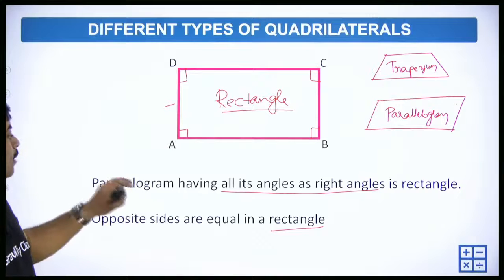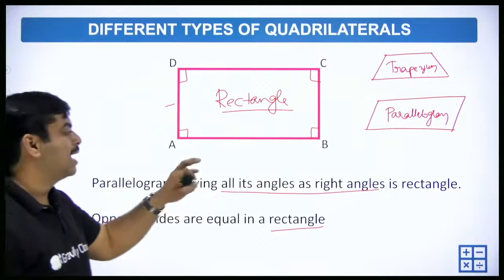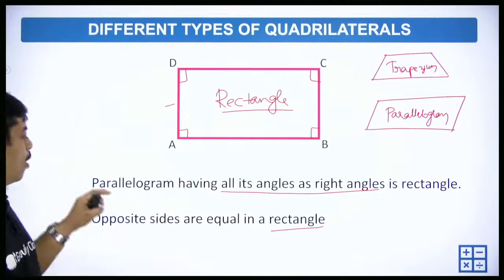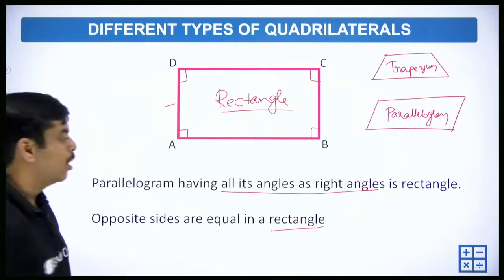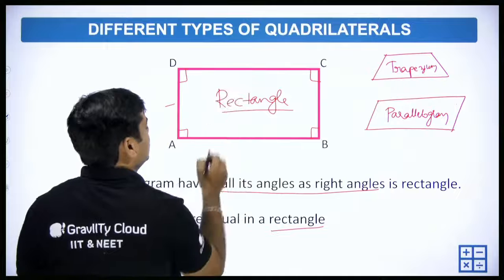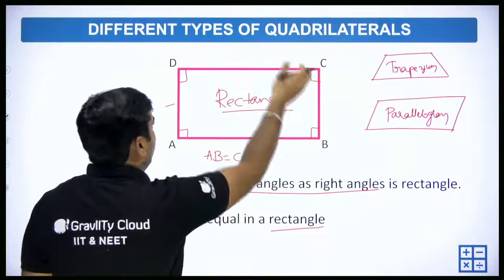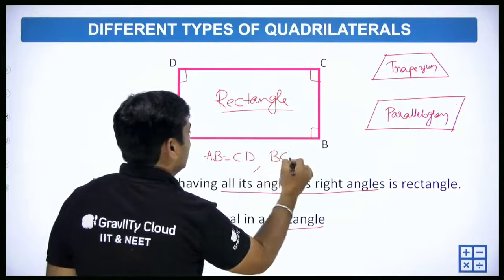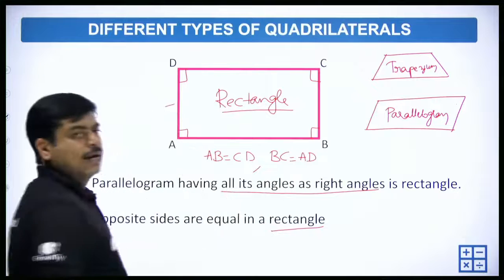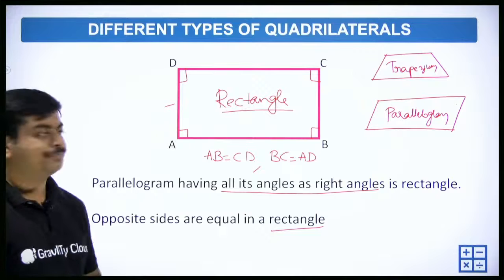Understand? A parallelogram having all its angles as right angles is a rectangle. Opposite sides are equal in a rectangle. That means AB and CD are equal, and BC and AD are equal. So this is how we define a rectangle.